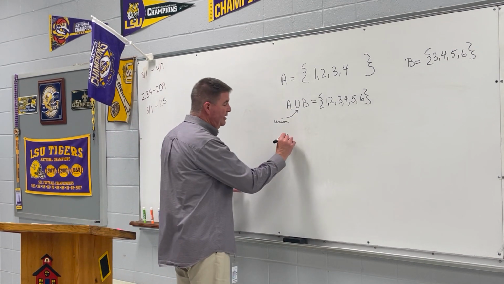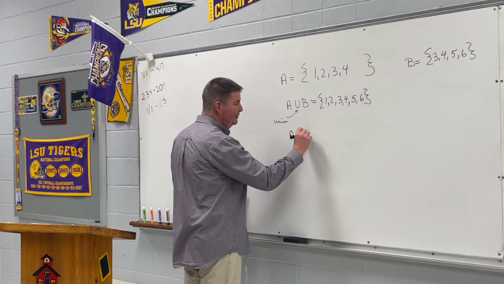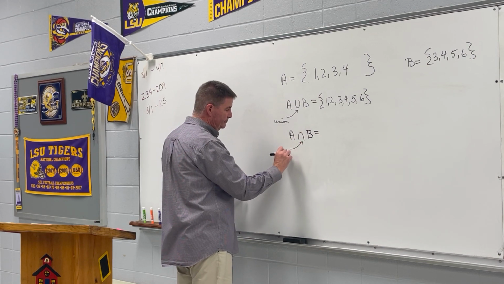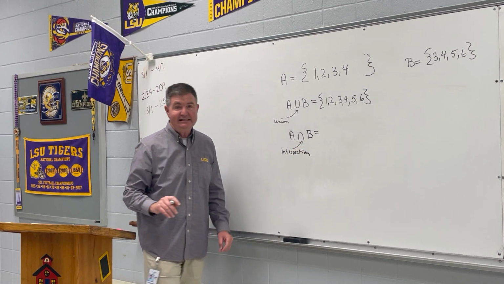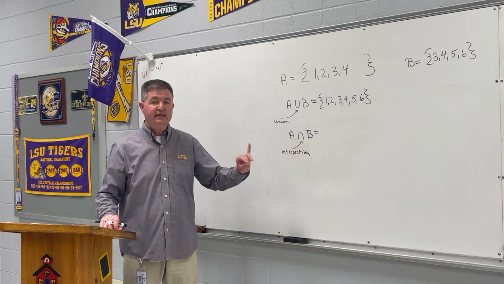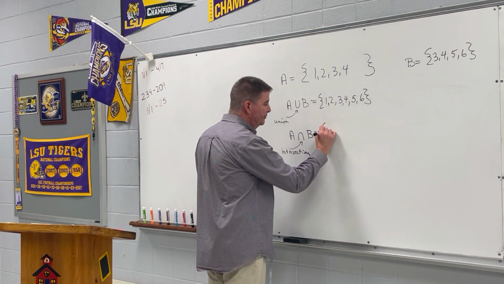We also have another term called an intersection. That one is an upside down U. This is called the intersection of sets A and B. The intersection means only what's in common with both.